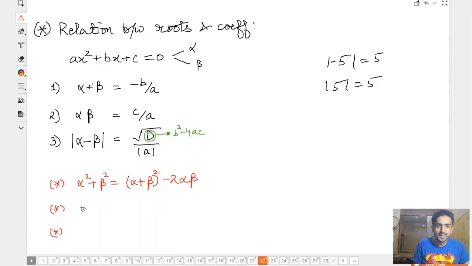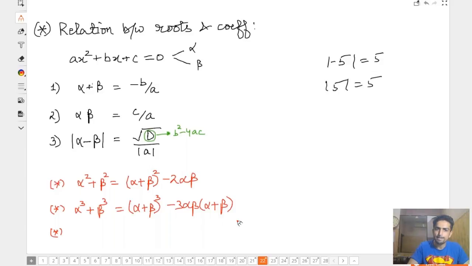And of course, we can write alpha cube plus beta cube as alpha plus beta whole cube minus 3 alpha beta into alpha plus beta. And we can write alpha minus beta whole square as alpha plus beta whole square plus 4 alpha beta. Sorry, minus.